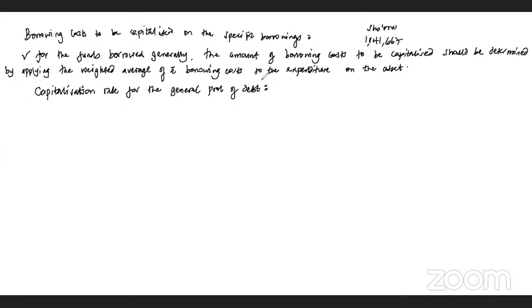Milka, our pool of debt consists of what and what, when you look at the information given? It consists of which loan financing facilities? The 10-year, 9% loan stock, yes. Then an overdraft of 18% facility. Because the 5-year 10% loan stock is specific.